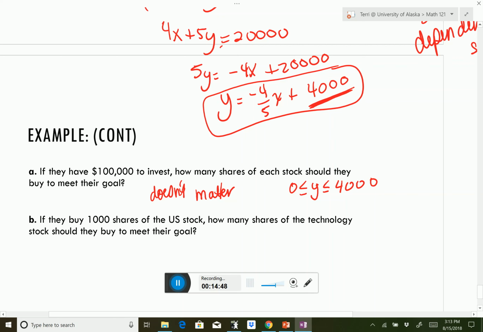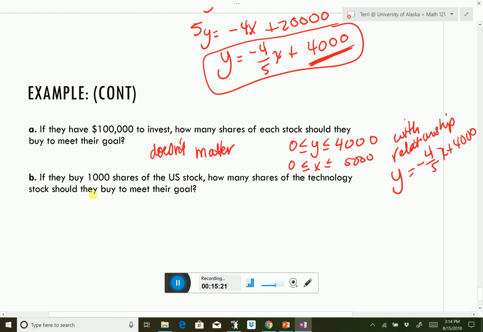But what about the other way? Well, that would be 5,000. So I have to do between 0 and 4,000 units of y, and with the relationship y is -4/5 x plus 4,000.